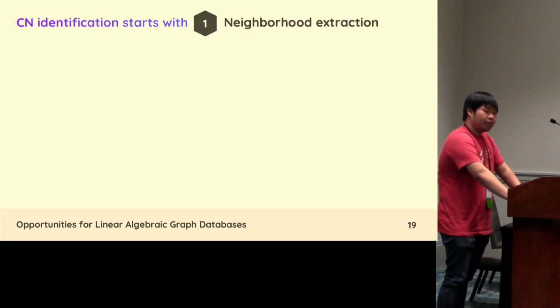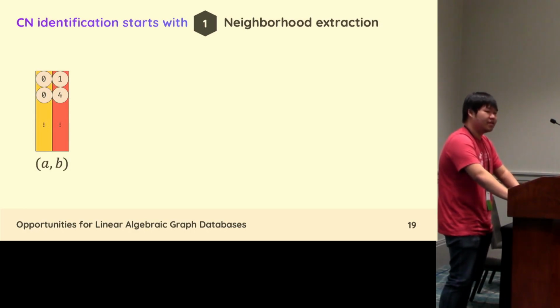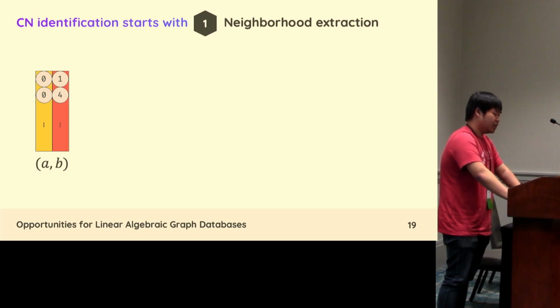For the first step, which is to extract all neighborhoods, it can be done using matrix multiplications. So we can start by taking the previous state result, which is the result of the first filtering stage, in which we're going to get a list of 2-node walks.